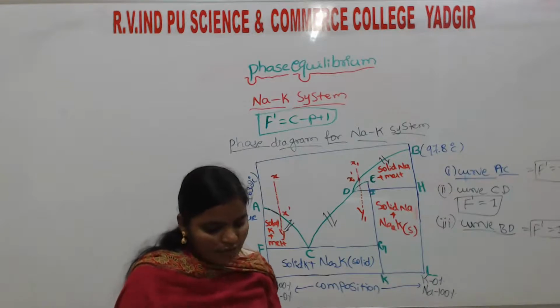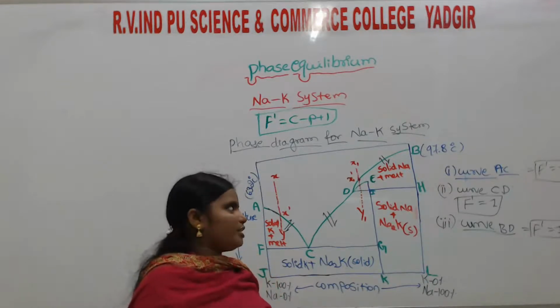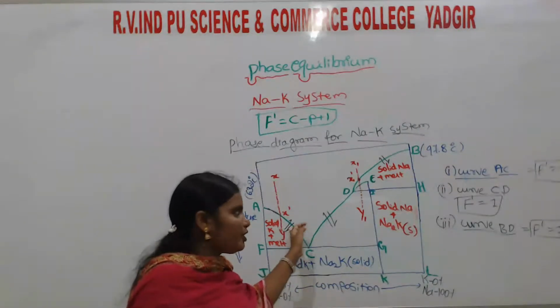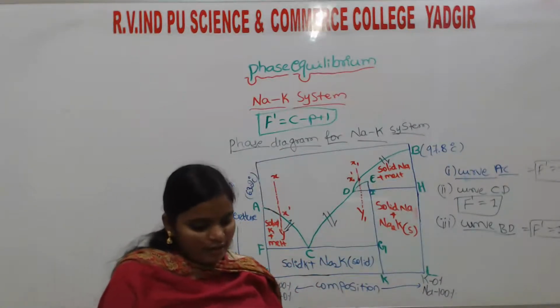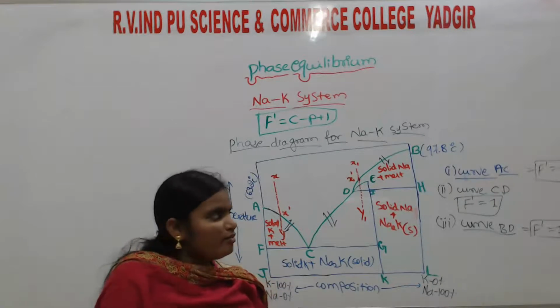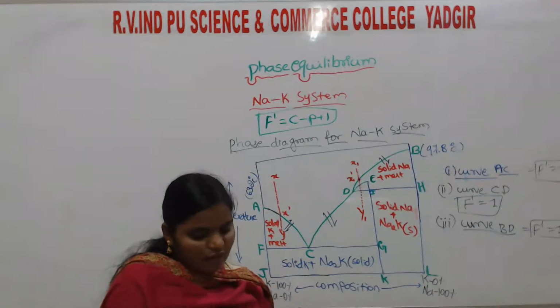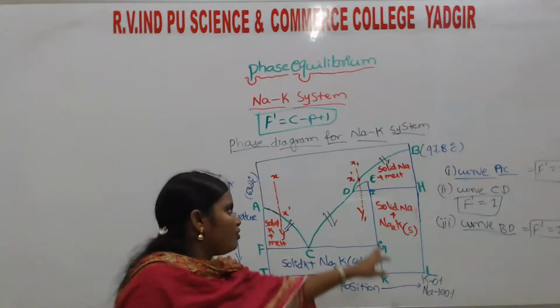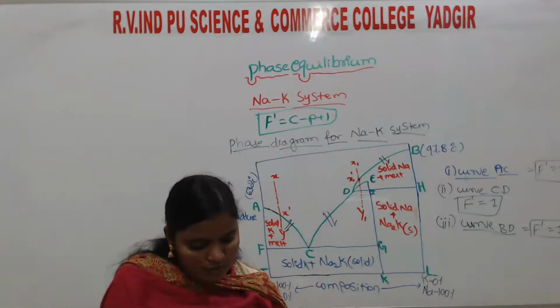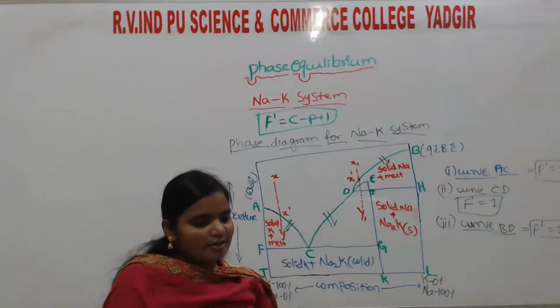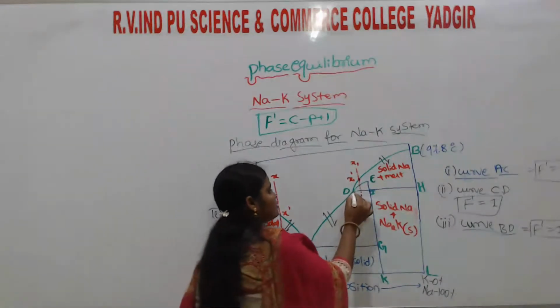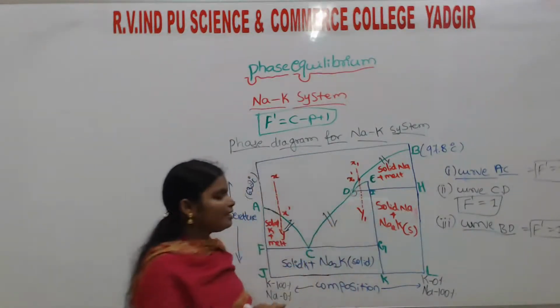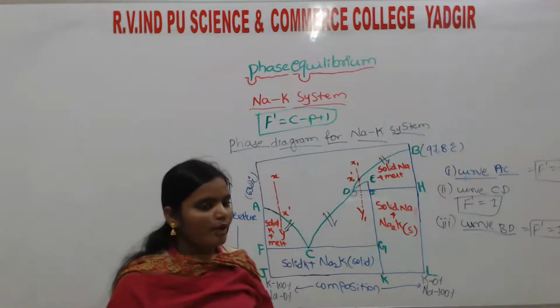Here solid potassium gets separated, and solid sodium gets separated, and the path x1 y1 is not followed. The point D represents an incongruent melting point.